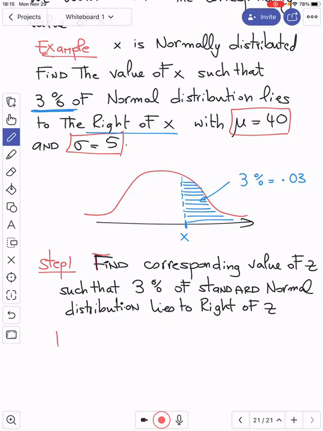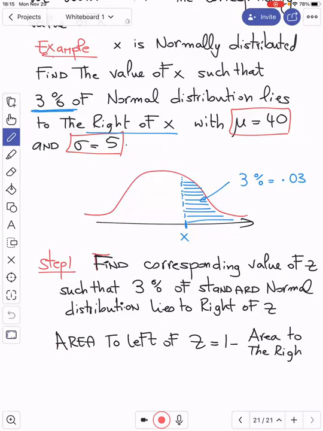So the area to the left of z is 1 minus the area to the right of z. That's because the area to the left plus the area to the right is equal to 1.